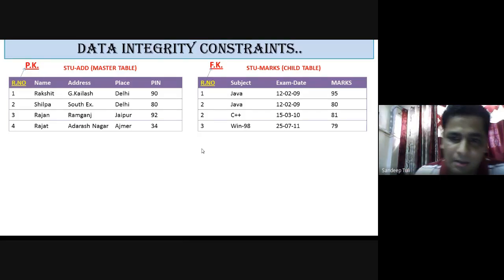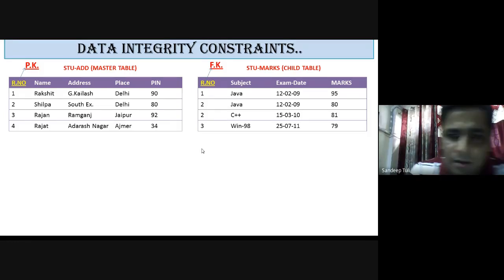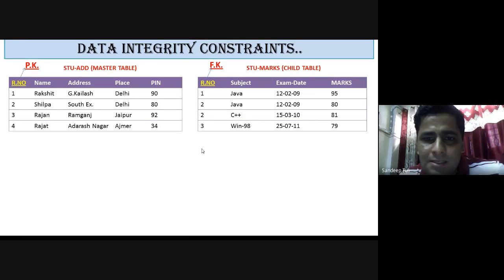In the master table, roll number is a primary key, and in student marks, which is the child table of student address, roll number is a foreign key. You know the concept of primary key and foreign key, I hope, so I need not explain them.